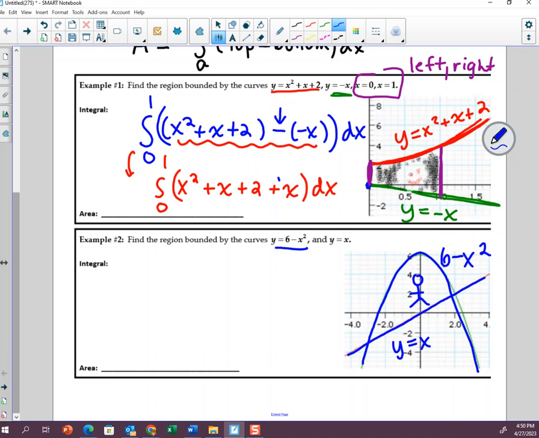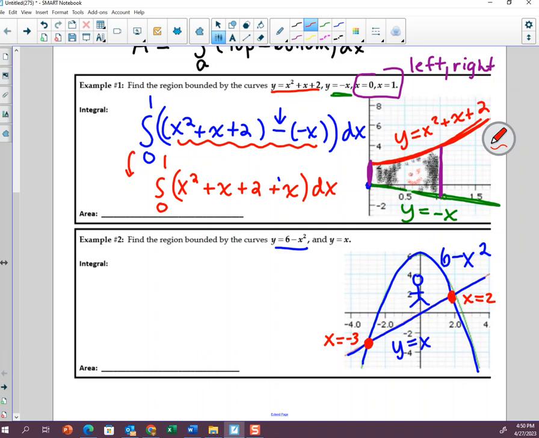In this problem, we're not given any boundaries for left and right because they happen kind of naturally. Since we weren't given any specific boundaries, we have to go with, well, what boundaries might already be there? If I look at 6 minus x squared and I look at y equals x, they intersect. They cross at -3, and they cross at 2.